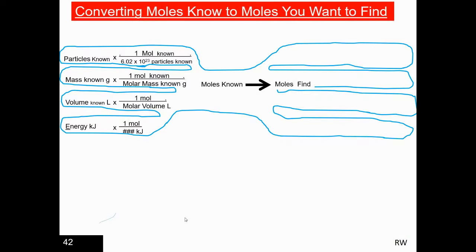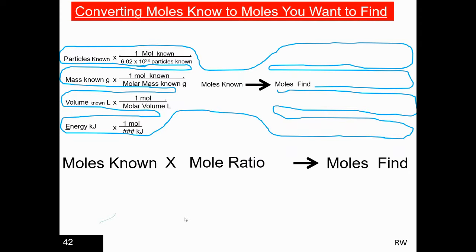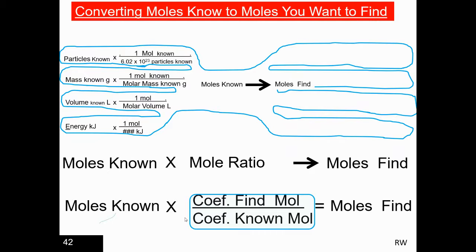All right, so now after you get the moles of the known chemical, you've gone through one of those steps to get to the moles of what you know. Then you convert it to moles of the find, and you use a mole ratio to do that. So the moles of the known times the mole ratio gives you the moles that you want to find. Now remember, the mole ratio is set up using coefficients in the balanced chemical equation.